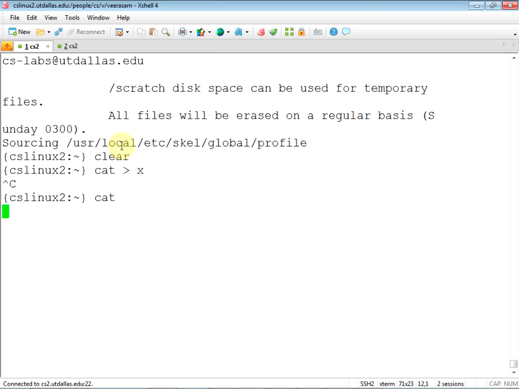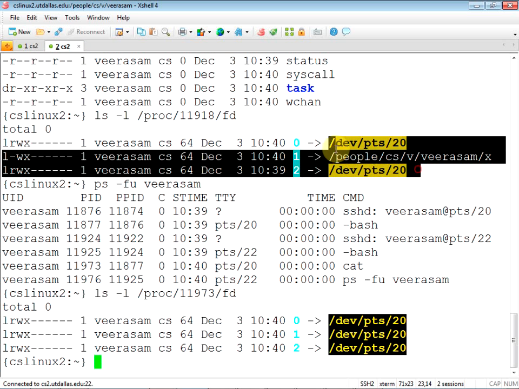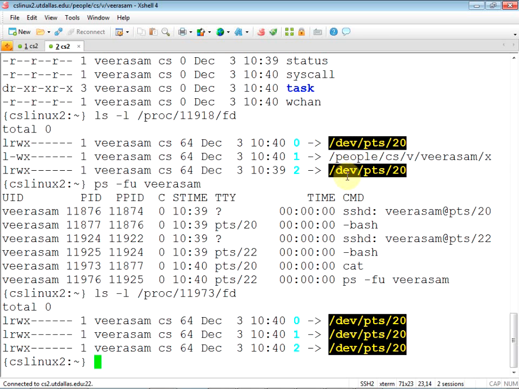When you do this, you have redirected the output. So when you do that, you saw earlier what happened, right? Input is no change, even error is no change, but the output alone is redirected to another file.